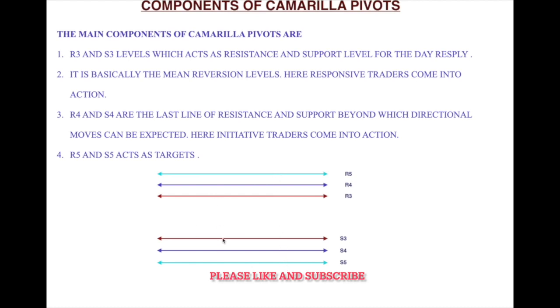R3 and S3 are the mean reversion levels, whereas R4 and S4 are the last line of resistance and last line of support, beyond which you can take a directional trade towards the upside or the downside. R5 and S5 are the targets for breakout and breakdown respectively.